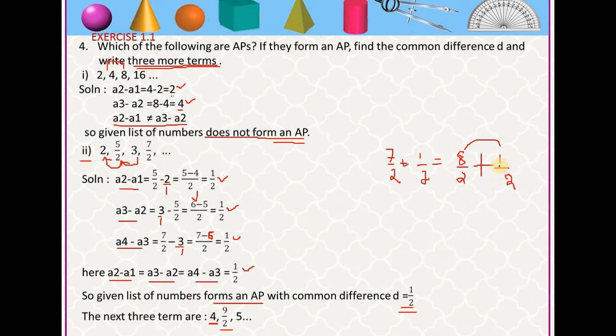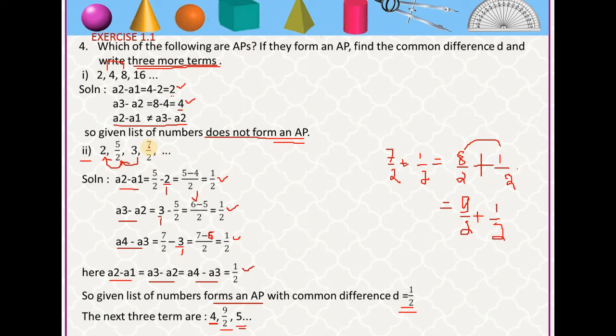Again for this 9 by 2, you add 1 by 2. So 9 by 2 plus 1 by 2, what will you get? 9 plus 1 is 10, 10 by 2. 10 by 2 is 5. So these are the next 3 terms in this arithmetic progression.